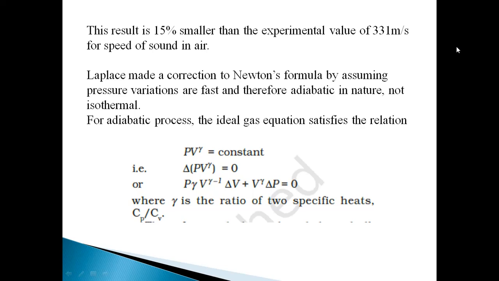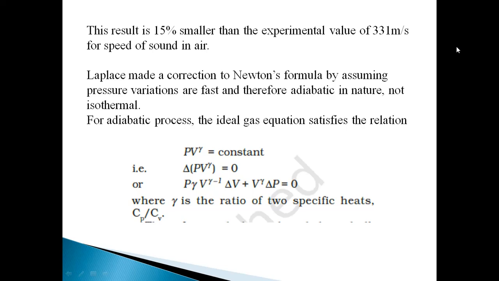Now another scientist, Laplace, made a correction to Newton's formula by considering that the pressure variations are not isothermal but adiabatic in nature. Now what are adiabatic changes? In adiabatic changes, the pressure variations are fast and they do not obey Boyle's law, but PV raised to gamma is a constant.